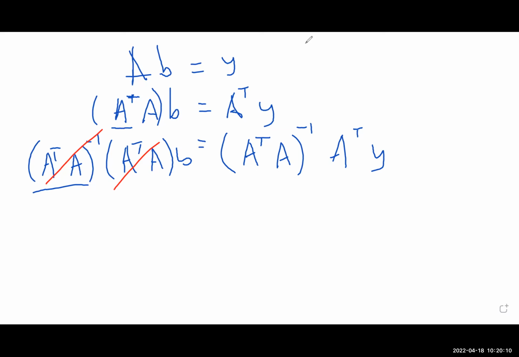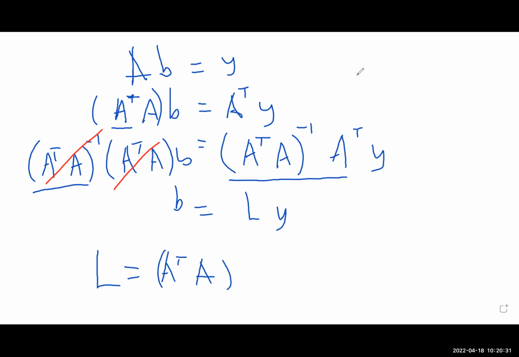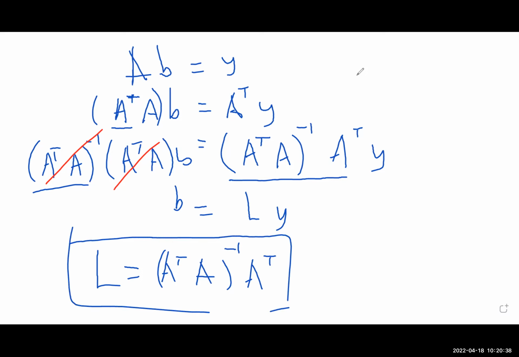So I get P. So P equal to, this one I will call L, times Y. So now it becomes very easy, but be careful, L is actually A transpose times A inverse multiplied by A transpose. So don't forget this one. Okay.